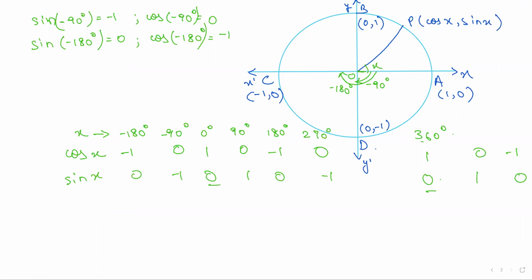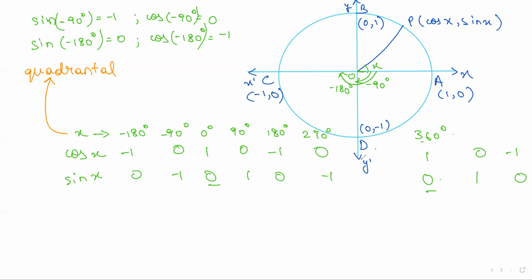These are sometimes called quadrantals, quadrantal angles. All these angles, minus 180, 90 degree, 0 degree, any angle which is formed at the borderline of your quadrants.